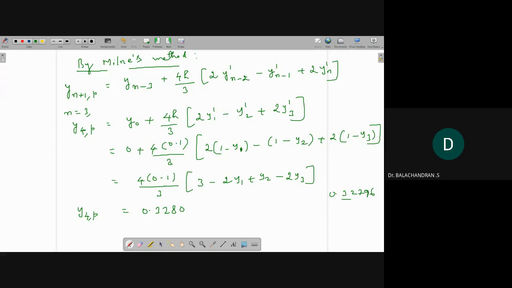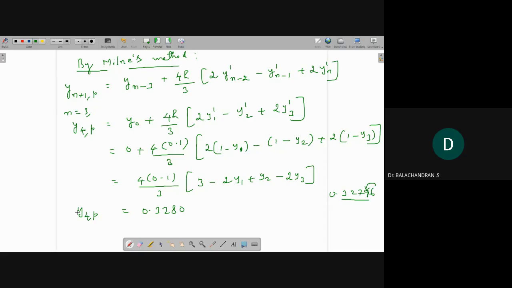If you take four digits, 0.3280, I think they rounded to the sixth digit, so that's why it is 80. Even you can write 0.3279 or 0.3280.